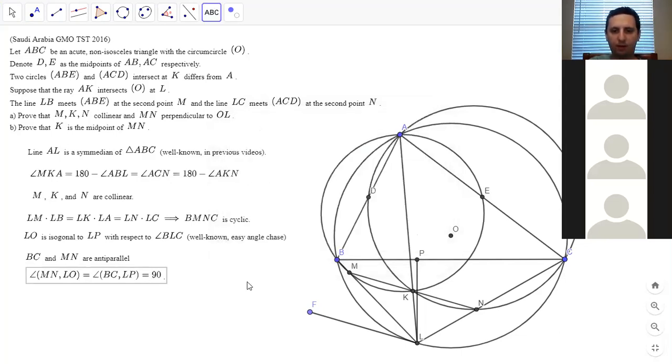And then to show K is the midpoint, I'm just going to copy the calculation from the chat.